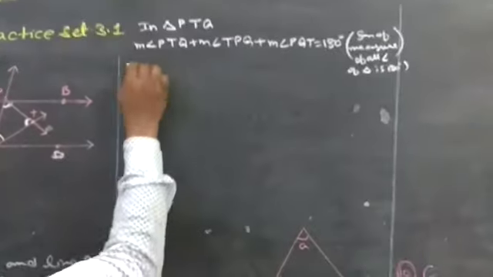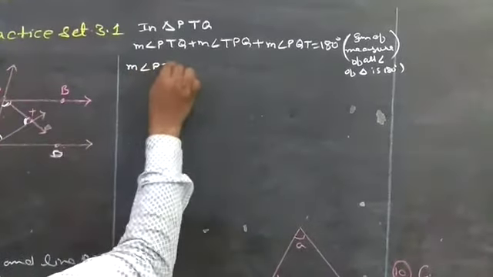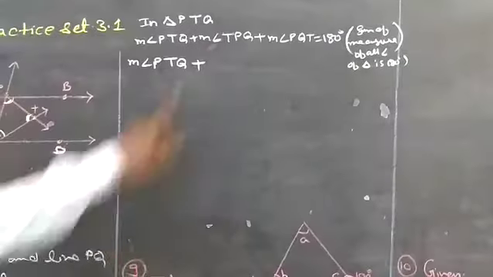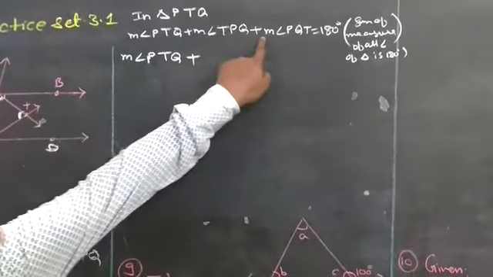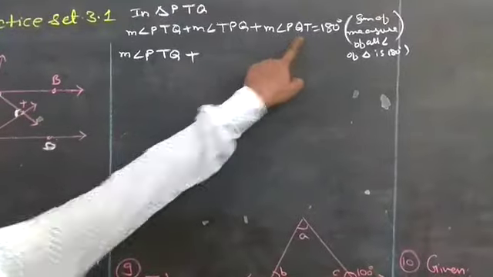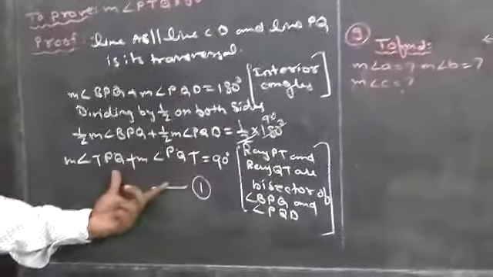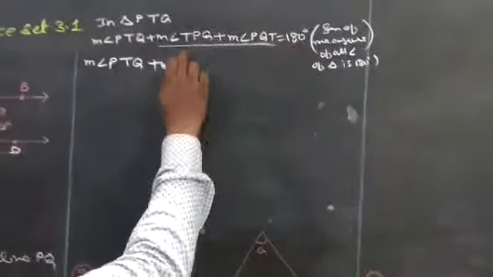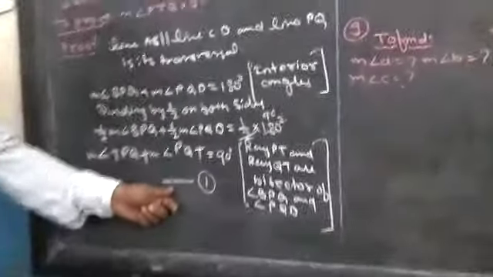Now write down measure angle PTQ plus, now you can notice measure angle TPQ plus measure angle PQT. Both together have a value of 90, which means the value of these two angles is 90. We have already got this in equation 1.